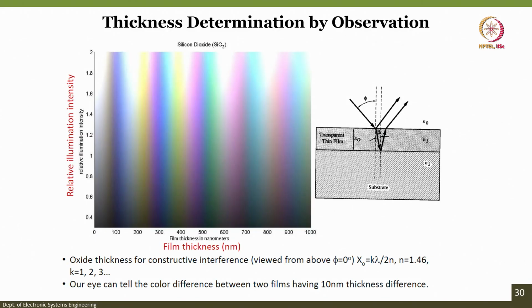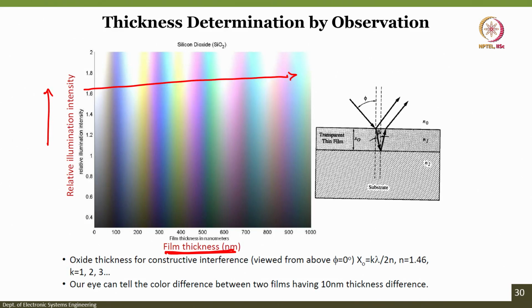So, now if you see the screen again, in this case what you observe is the color of silicon dioxide, with relative illumination intensity. So, you have relative illumination intensity versus the thickness of the film. As the film gets thicker, it changes the color, right, you can see the color change, and that is the oxide thickness for constructive interference, right.